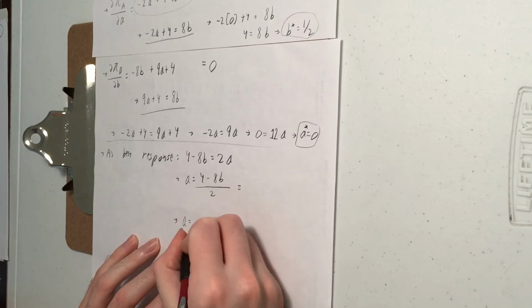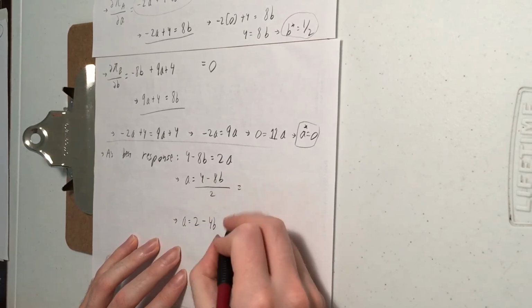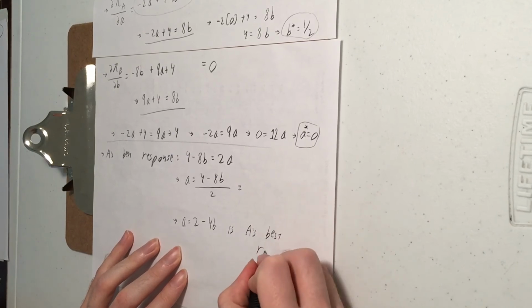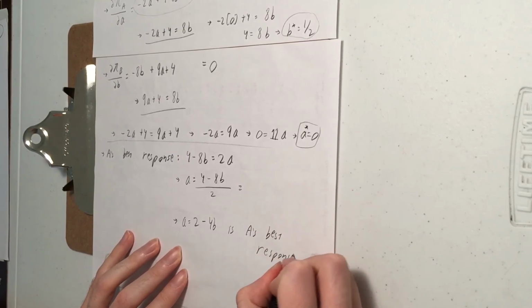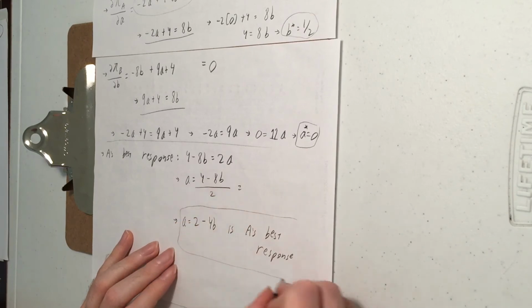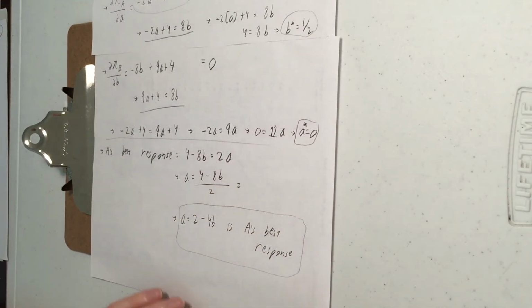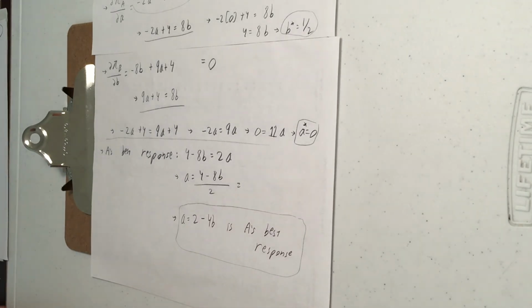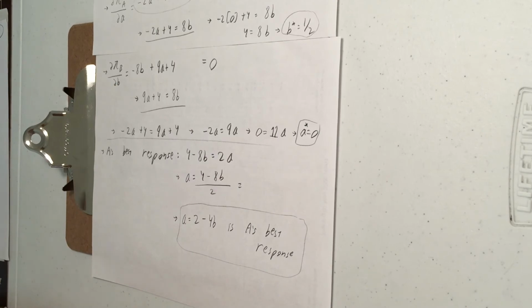A equals 2 minus 4b, A's best response. So it's basically saying, if you tell me what B is, I can plug that in over here and it spits out what my best response to B is.